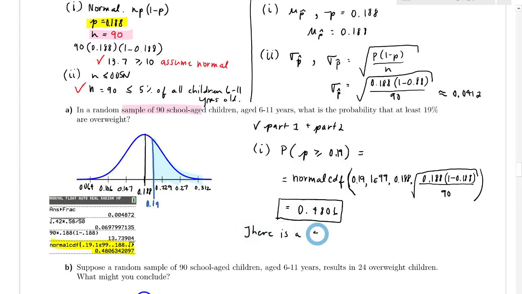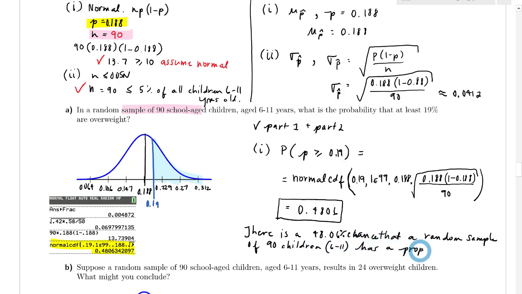So there is a 48.06% chance that a random sample of 90 children, ages 6 to 11, has a proportion of at least 19% are overweight.